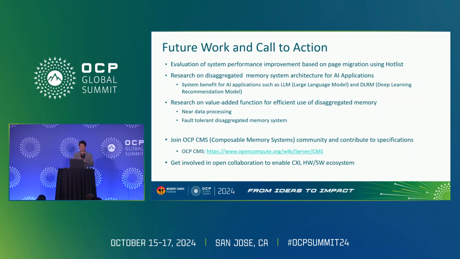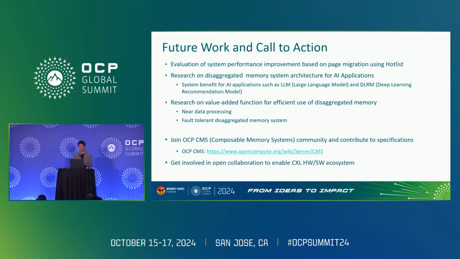All right, so finally, let me briefly outline our future work. First, we will evaluate the system performance based on page migration using hot list information.